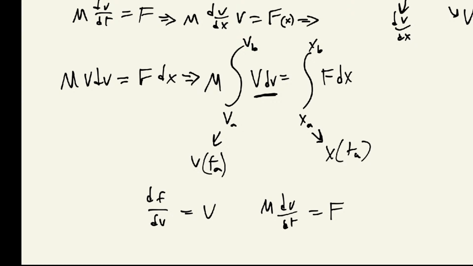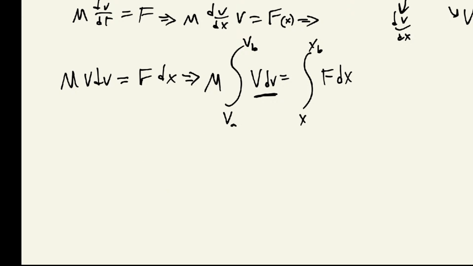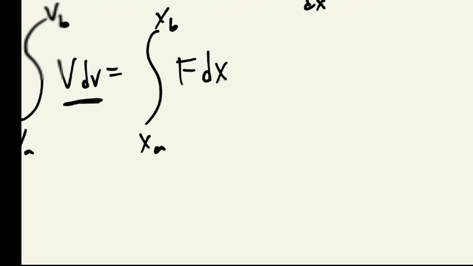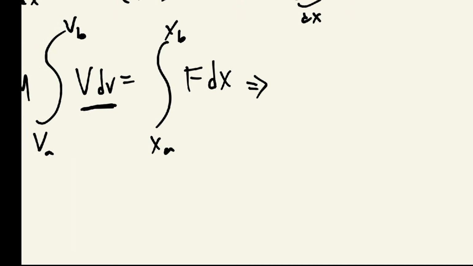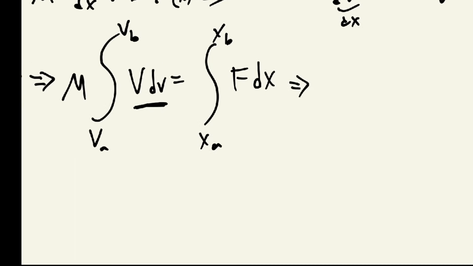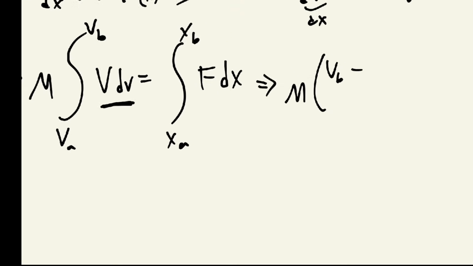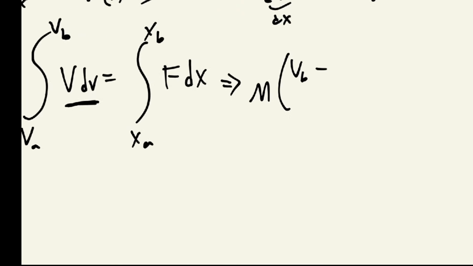Let's finish the process, and then maybe we can make more heads or tails out of this stuff. So let's just finish the calculations. Using our understanding of integrals, we would have m times vb minus, is it b? Yeah, it's vb squared minus va squared over 2, right?